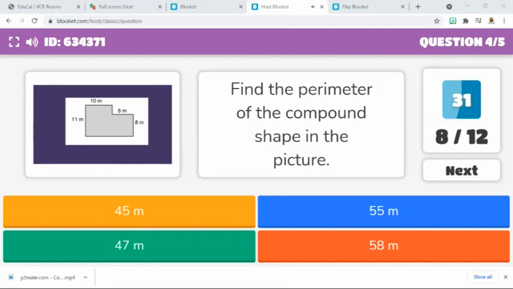30 seconds left. 10 seconds. Click your answer now.